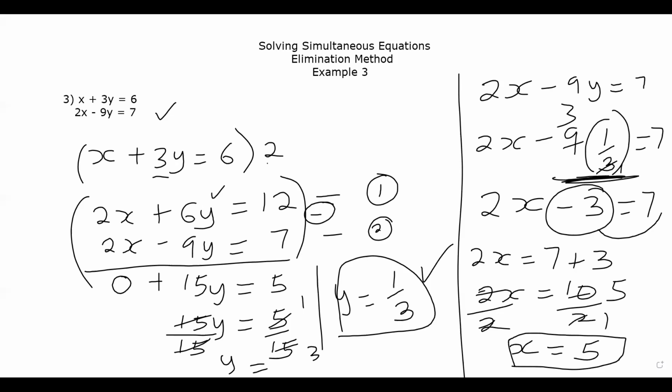Notice what we do here. We're trying to get either the variable x or the variable y to evaluate to 0, and we want to find all possible ways we can do that.